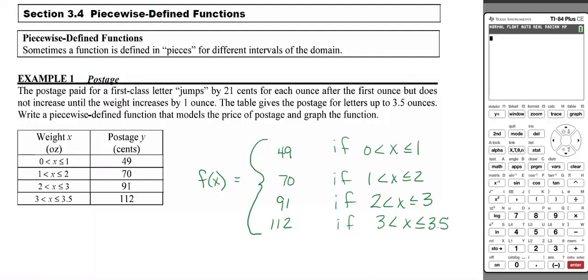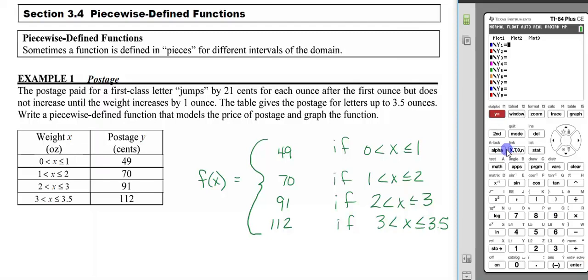You can, of course, graph this by hand using the boundaries given. I'll go ahead and show you how to do this on the calculator. Our first function part has to be written as its own function. So our first function in the calculator is y equals 49.